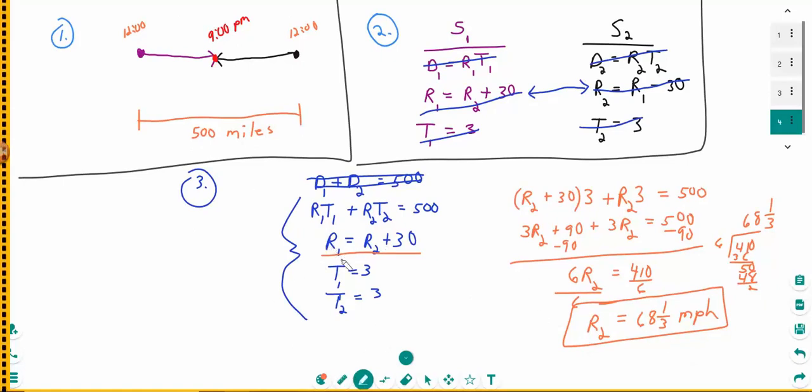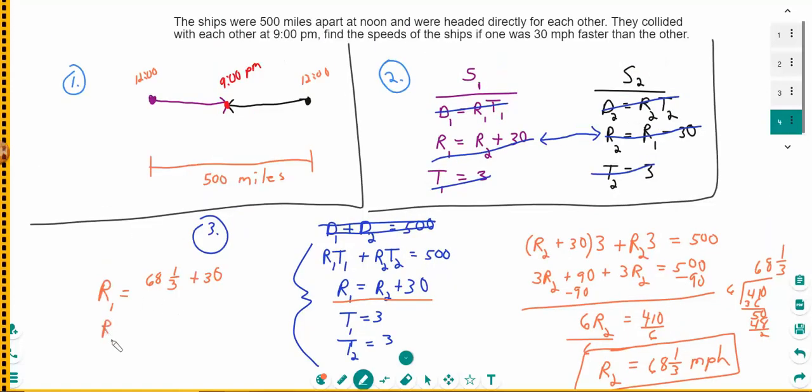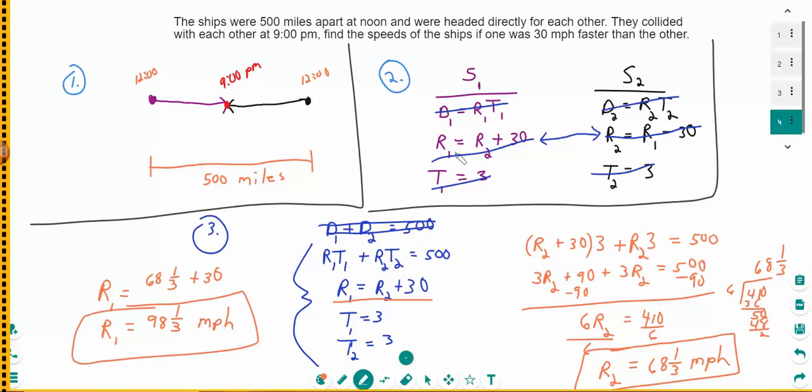If R2 is 68 1/3, then R1 is going to be equal to 68 1/3 plus 30, right? So then R1 is going to be 68 plus 30 is 98 1/3 miles per hour. So R1, the faster ship, remember we said he was faster by 30 miles per hour, he's going 98 1/3 miles per hour. R2 is going 68 1/3. These ships are really moving on the ocean.